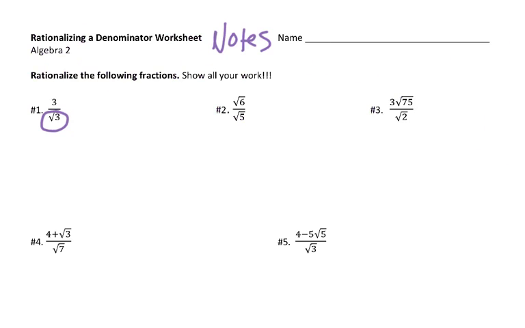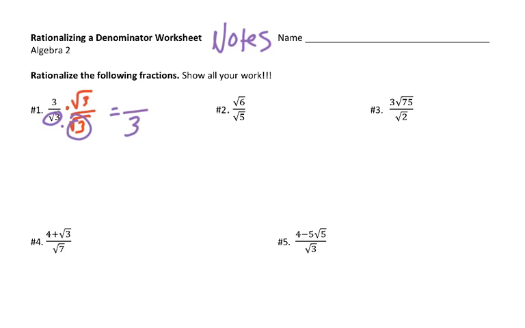So that's what we're going to do here. In this first example, I'm going to multiply by the square root of 3 over the square root of 3. Remember that it does have to be the same thing over the same thing, because technically that equals 1. If we multiply by the square root of 3 in the denominator, these two pieces multiplied by each other result in a 3 in the denominator.